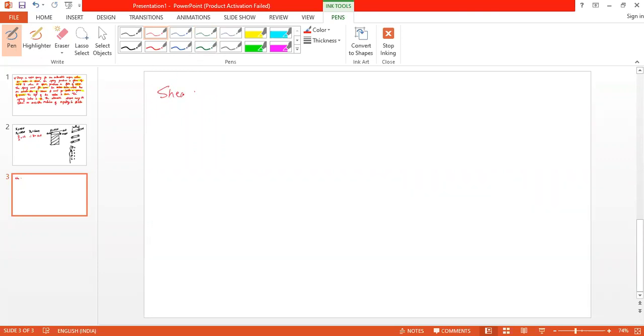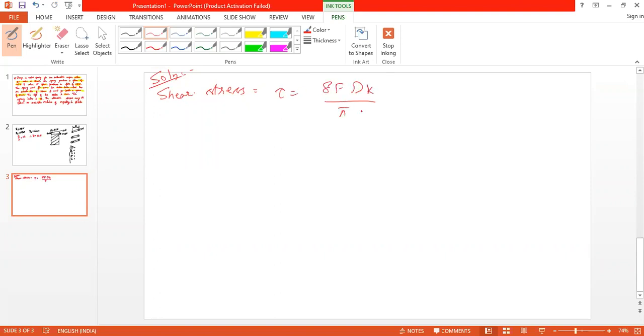So the shear stress is given by tau equal to 8FDk by pi d cube. Okay, this is the equation.